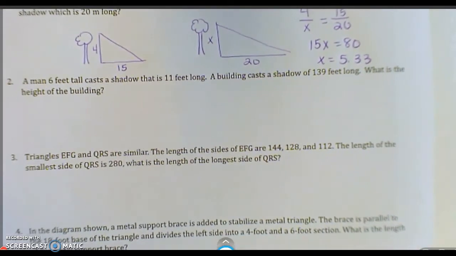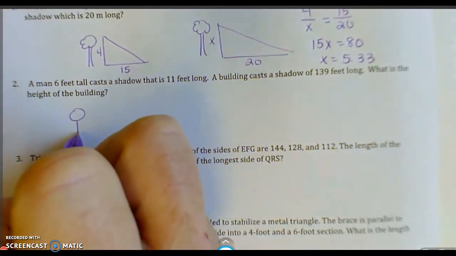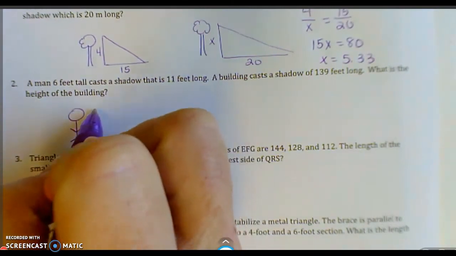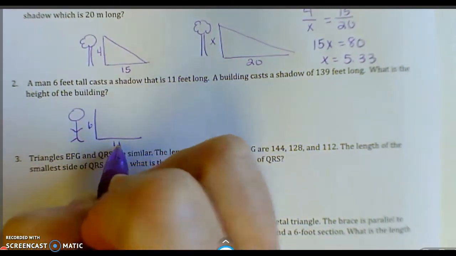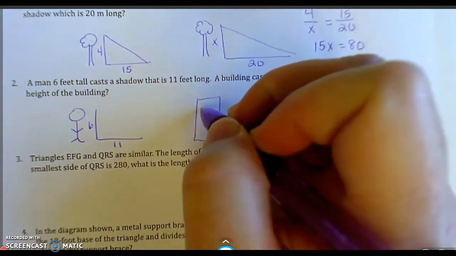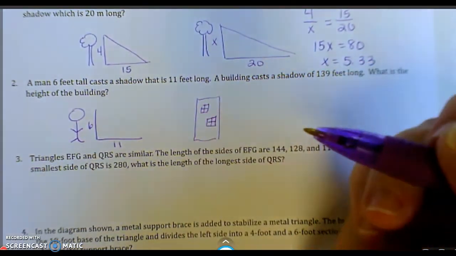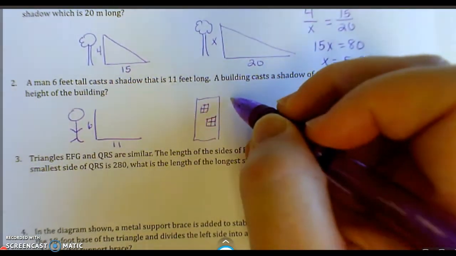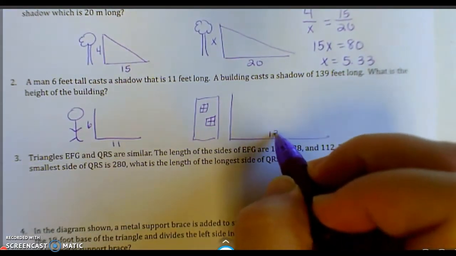Next, we have a man that's 6 feet tall, and he has a shadow of 11 feet long. So here's the man, his height is 6, and his shadow is 11. We also have this building. You don't have to draw these wonderful fancy pictures like I am, but if it helps you, then go for it. So here's the building, and it casts a shadow of 139 feet long.